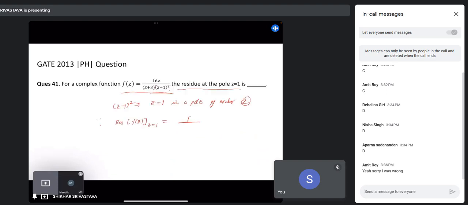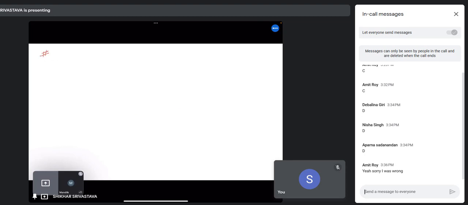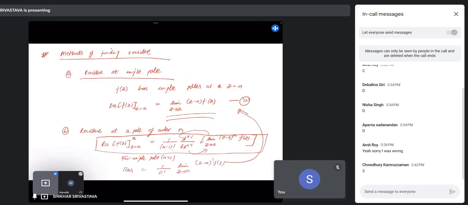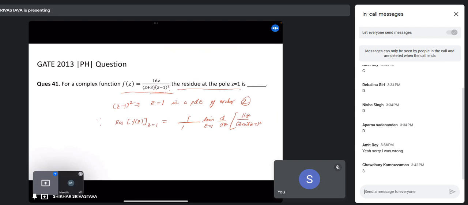So 1 upon (n minus 1) factorial, that is 1 factorial, and then limit z tending to 1 of d by dz of 16 z upon (z plus 3) times (z minus 1) square, into (z minus a) to the power n. Here a is 1, so (z minus 1) to the power 2 will just cancel out and then it's simple. Just differentiate it.